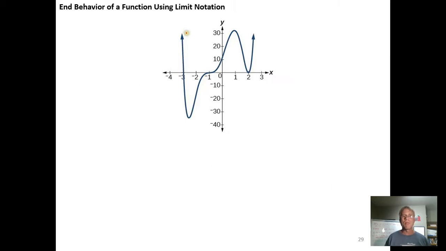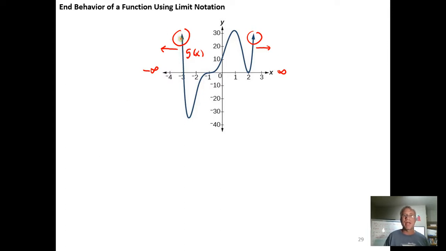So here's another example. Here I have a function. When I look at it, I see I've got an arrow here and here. So I know this function is going infinitely far to the left, out towards negative infinity along the x-axis. And here I see that the function is going infinitely far towards infinity along the input or x-axis. So if I give my function a name, let's call it g of x, I can say, as the inputs go towards negative infinity, where do the outputs go?